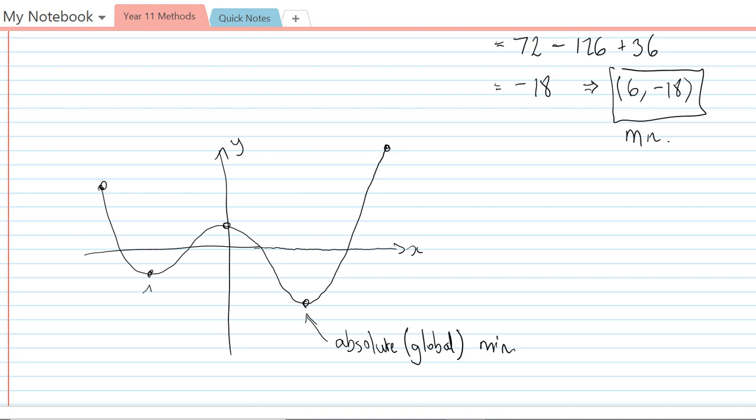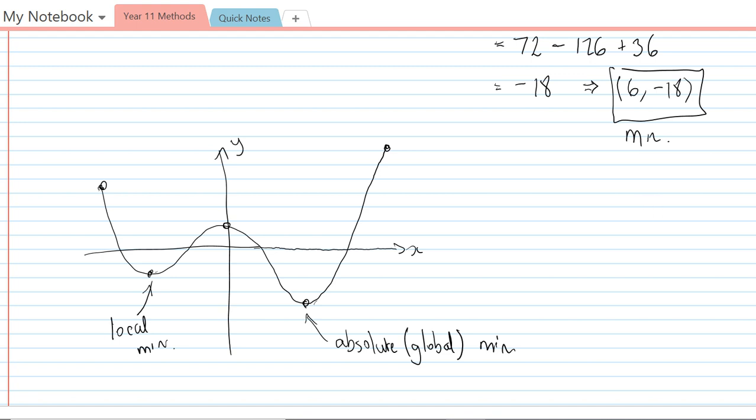And this point here would be called a local minimum. The difference between them being that this point here is the lowest point that the graph actually reaches, whereas this point over here is a minimum, but it's not the minimum value of the graph.